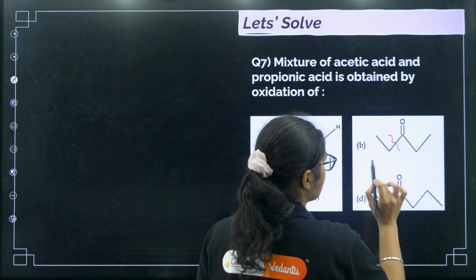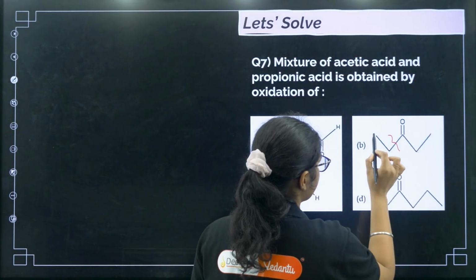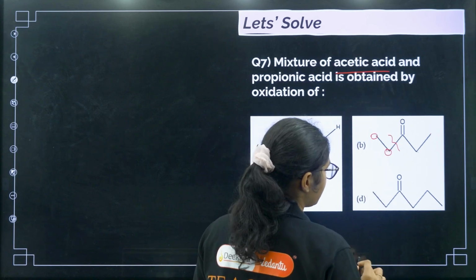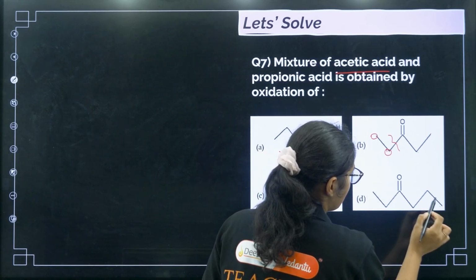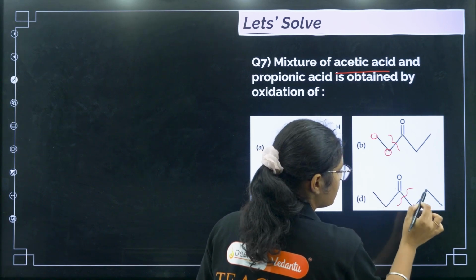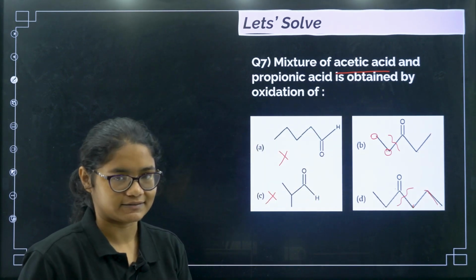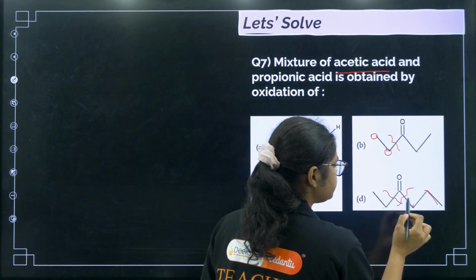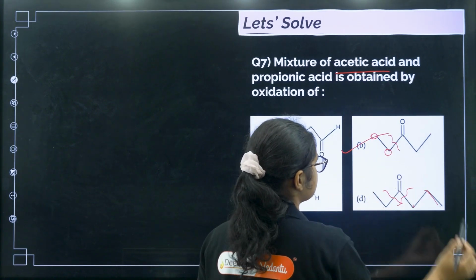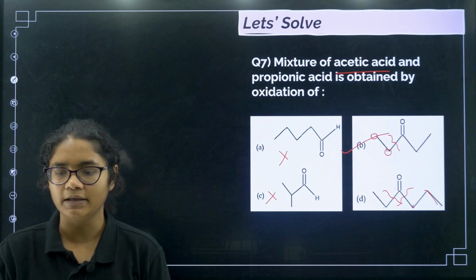If I break this bond here, 1, 2, 3, I'll get propanoic acid, and 1, 2, I'll get acetic acid. So that can be correct. Now if you see this one, 1, 2, 3, if I break here, 1, 2, 3 and 1, 2, 3, both sides will give propanoic acid. And if you break here, we'll get butanoic acid and acetic acid. So the correct answer for this question will be option number B.